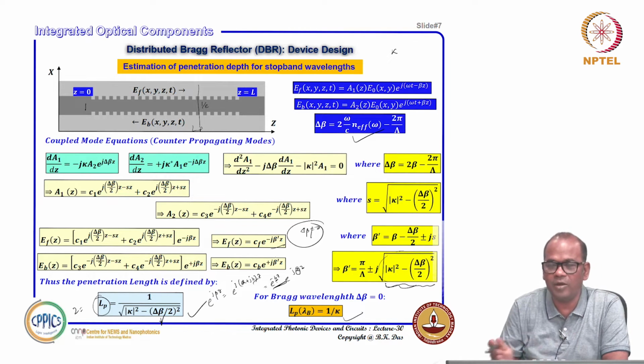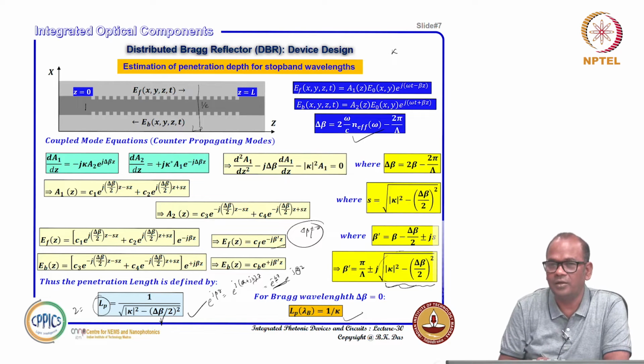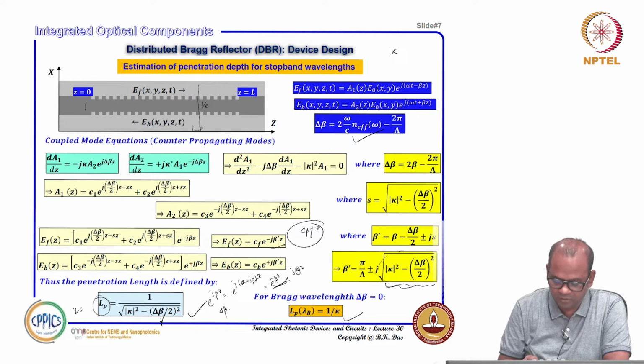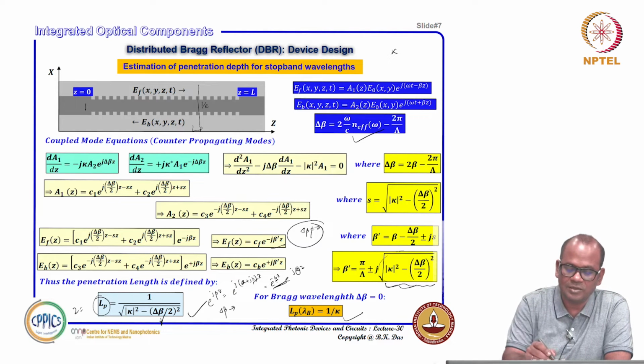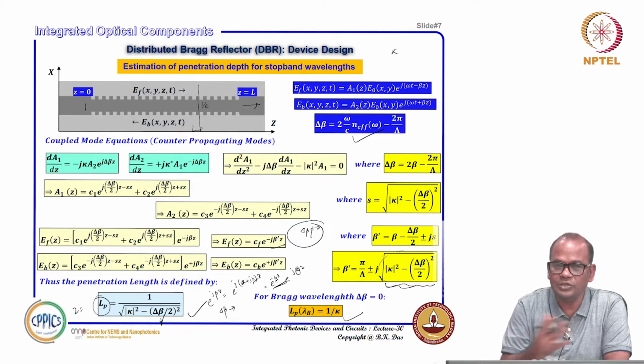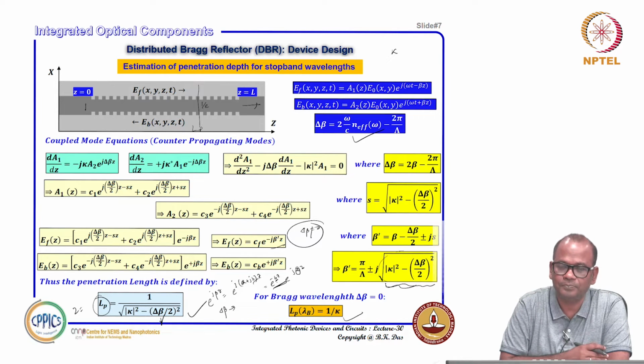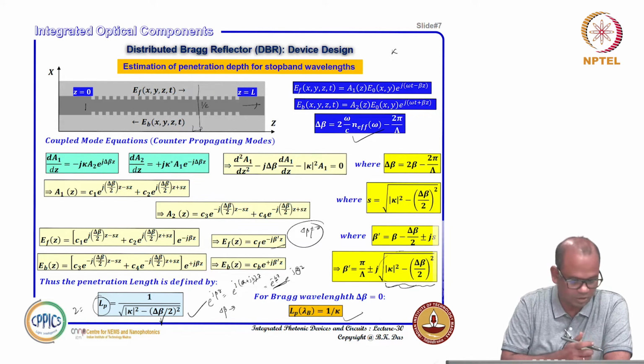As it goes away from the Bragg wavelength on both sides, if delta beta has some value, it will penetrate longer. If delta beta tends to a very large value, that is far away from lambda b, and the wave will penetrate up to infinity and pass through. So this is a very nice way to estimate how much DBR length you are supposed to have for your photonic integrated circuit. This is a good example.